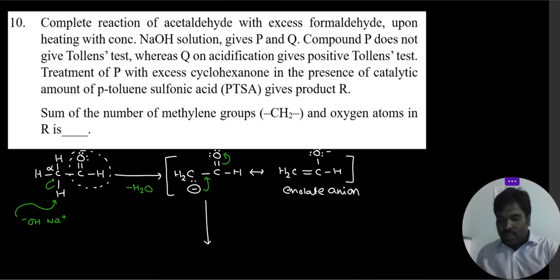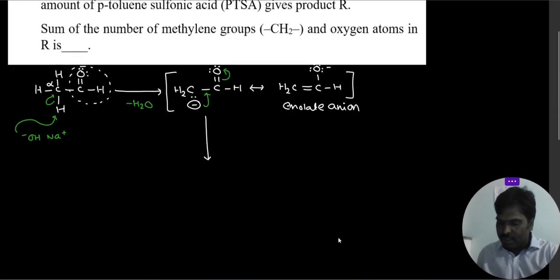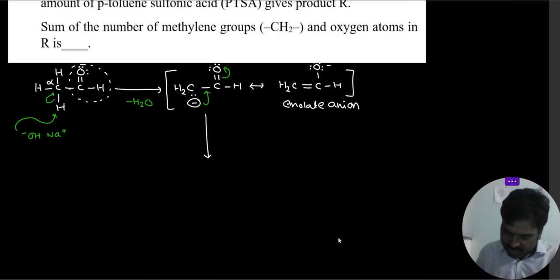Now you can take one of the resonance forms, that is the carbanion. This carbanion reacts with formaldehyde. Understood? So now the nucleophilic addition mechanism takes place.